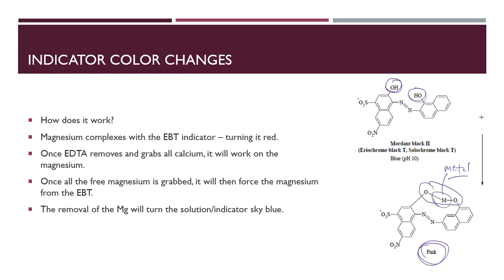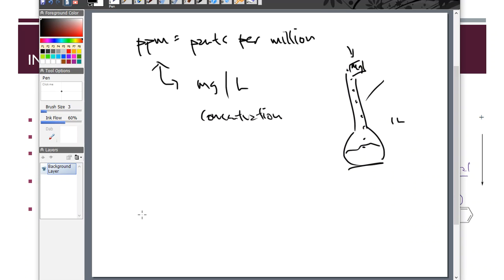And when those metals get ripped from the compound, folks, we go back to this, and this solution is blue. So there is my color change of pink when it has a metal that it combined with, to blue when there's no metal present to be found. So those are the colors that we want to look for in this titration.